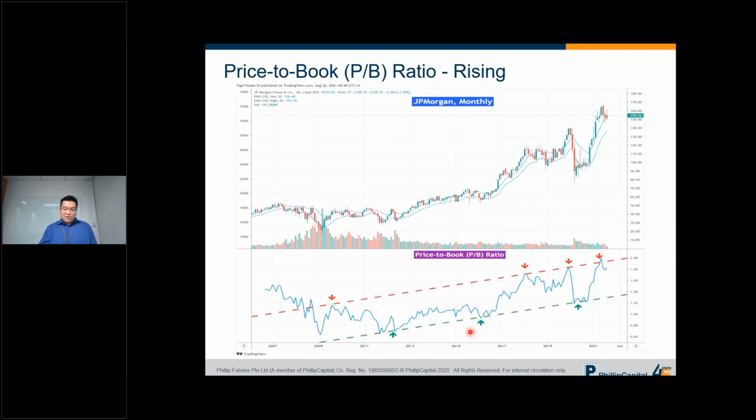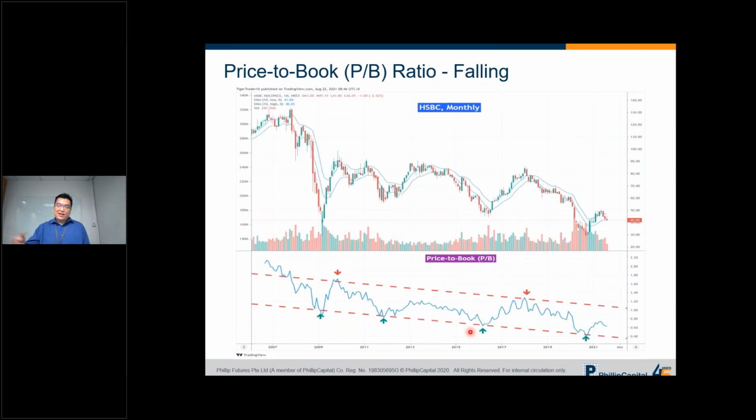If you study deeper, it can be explained, because JP Morgan has been diversifying and earning more from non-interest income. If they were fully dependent on net interest income, they may have a different outcome, because with interest rates very low, that portion is likely to be tougher than the non-interest income portion.